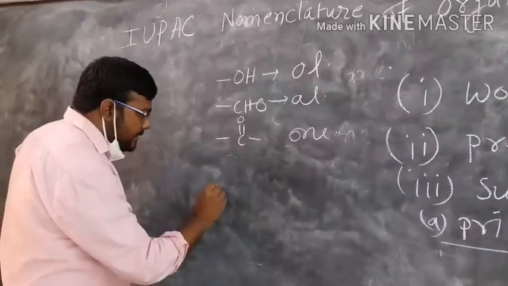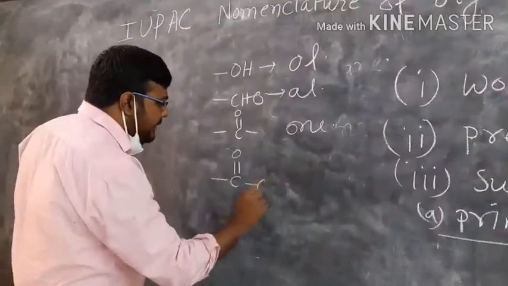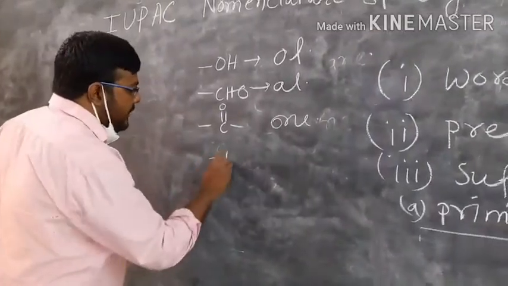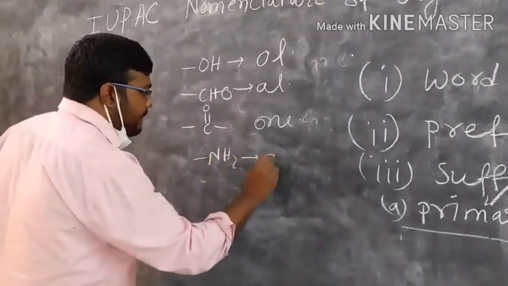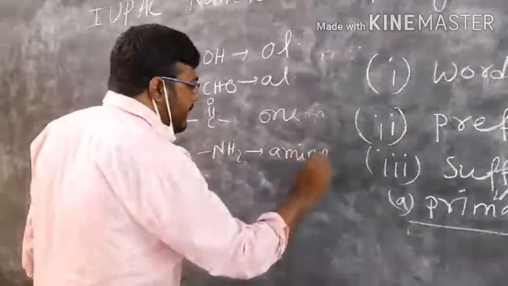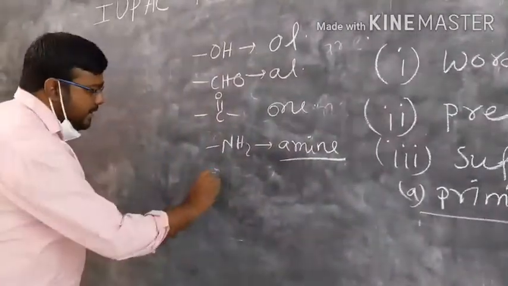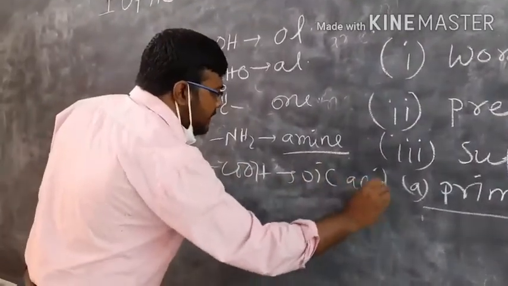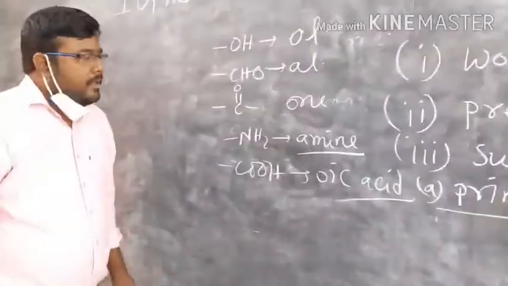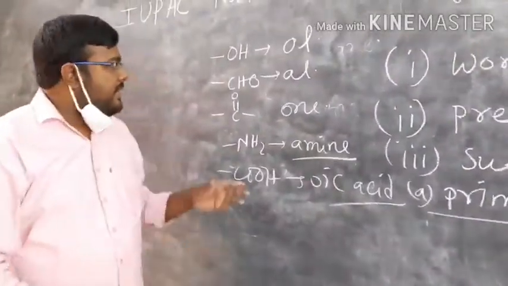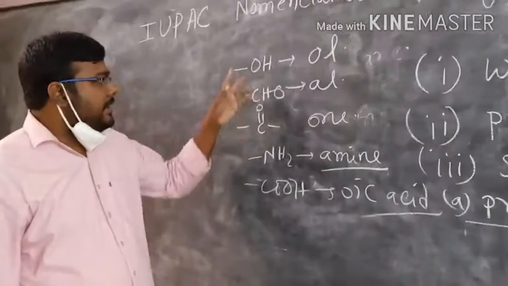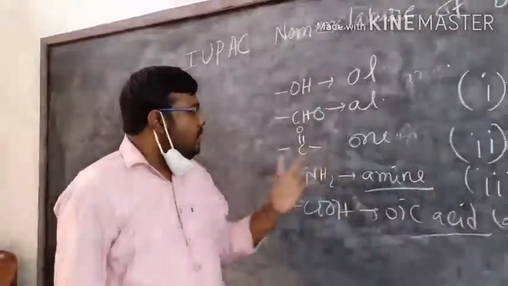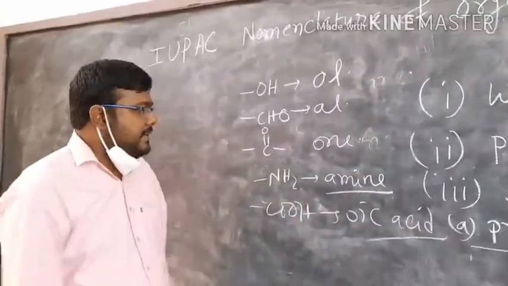For COCl, oyl chloride. For NH2, the secondary suffix is amine. And for COOH, oic acid, etc. You can read from any book what secondary suffix should be used: OH is ol, CHO al, CO one, NH2 amine, COOH oic acid, etc.